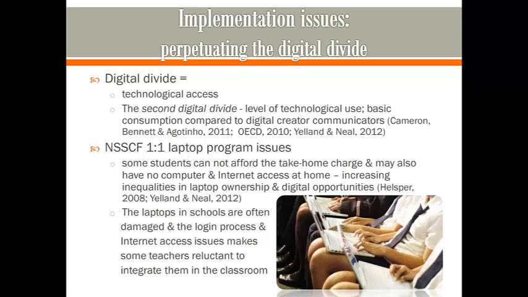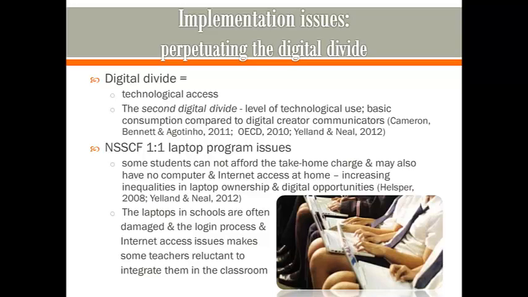There were take-home charges, and that already sets up students that come from low SES backgrounds to probably not be able to afford computers. And I've seen that in my professional experience, that students that are very disadvantaged are doubly disadvantaged by not being able to take a laptop home.